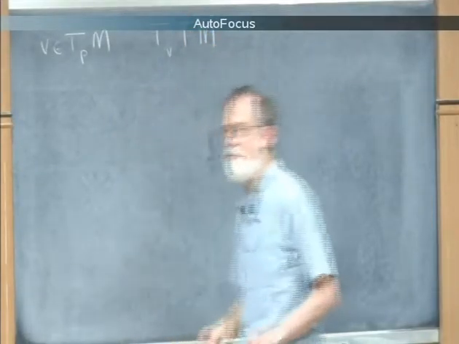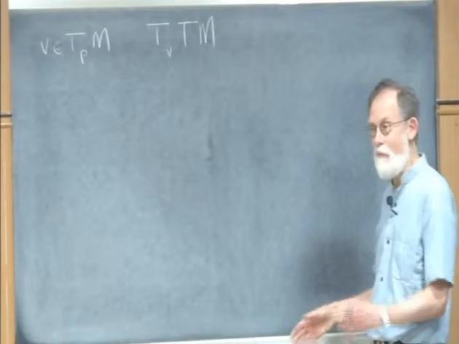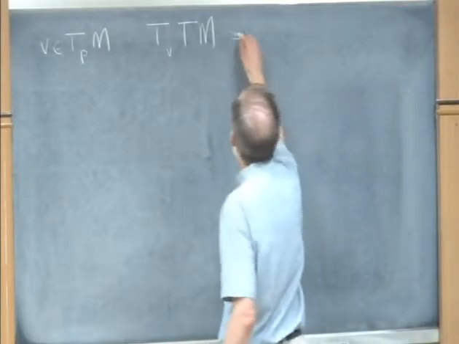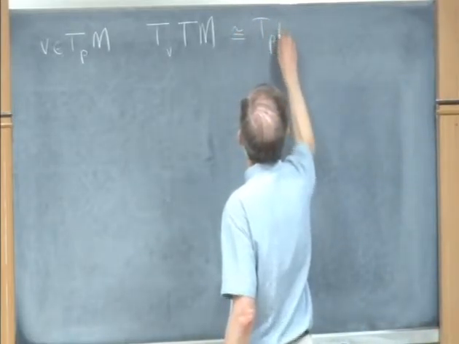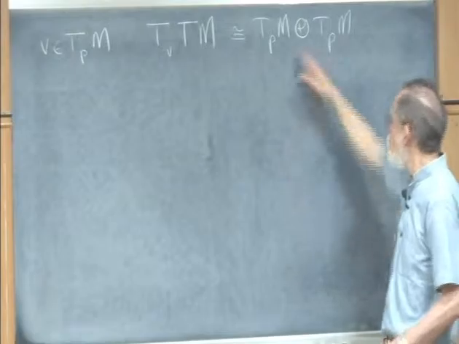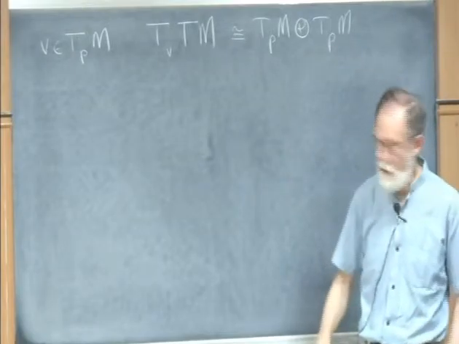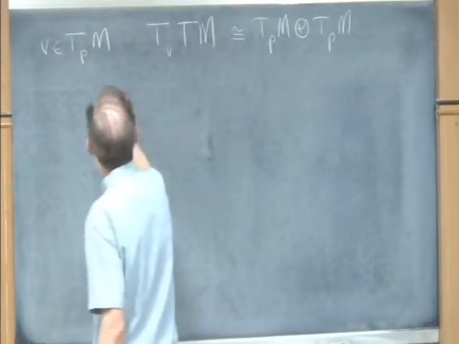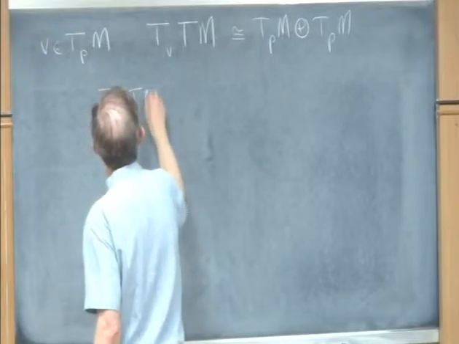The tangent space to the tangent bundle at V, we can identify with a direct sum of two copies of the tangent space at the foot point of the vector. And we have some diagram.